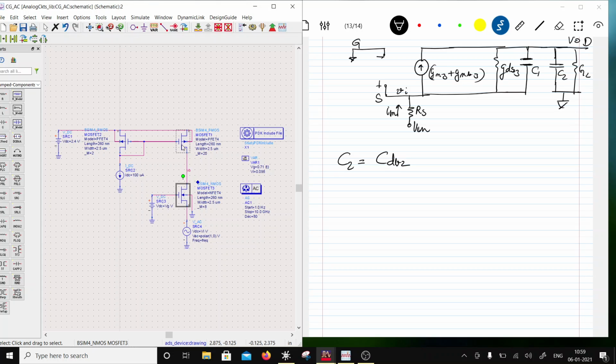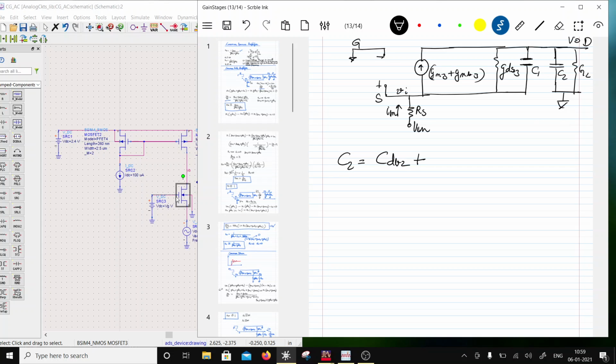So CDB2 is for this transistor, and this is CDB3. Now CGD3 is connected to ground because I'm assuming the body is connected to ground. Otherwise this CGD3 will come into C1.